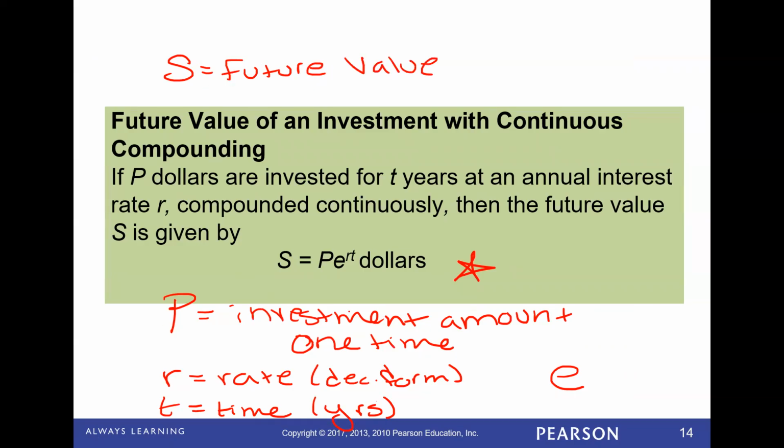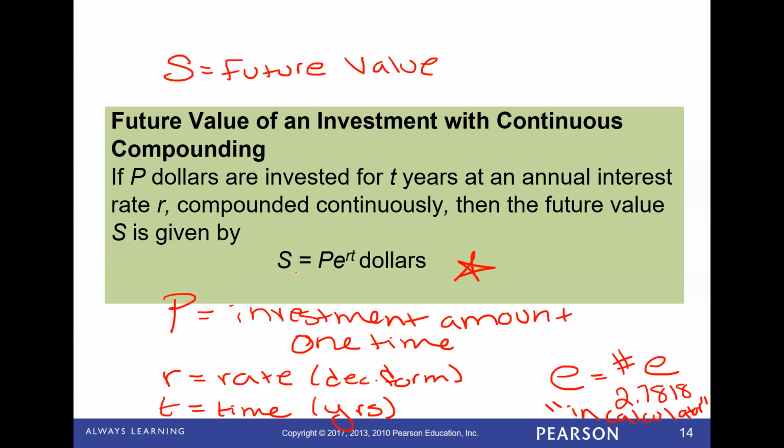And we know that P is that one-time investment and R is rate and T is time. E is the number E, okay? This is that 2.78182885, okay? That is where that is coming from. This is in the calculator.